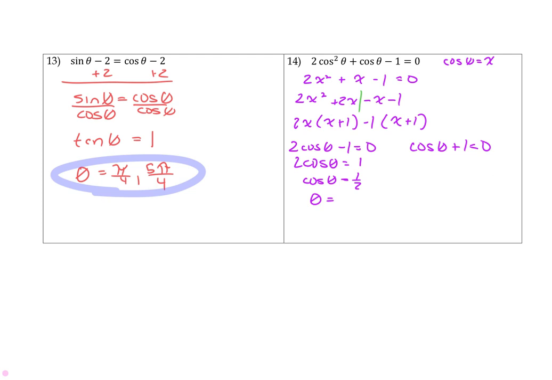Cosine is 1/2 at pi over 3 and at 5 pi over 3. Here I'm going to subtract the 1, and when is cosine negative 1? That's at pi. So those are my solutions.